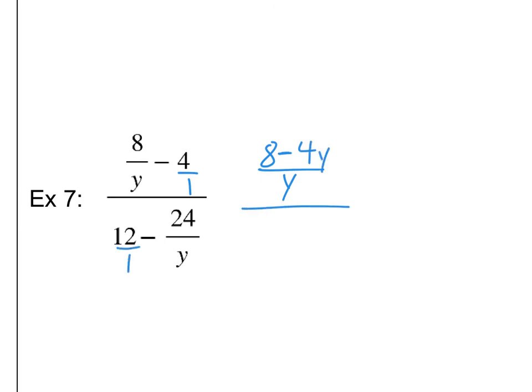Okay, we're going to do the same thing down here. What would be our common denominator? Y. To get from 1 to y, I multiply by y, so 12 times y would be 12y. To get from y to y, I don't have to multiply by anything, right? So I can just leave it as minus 24.